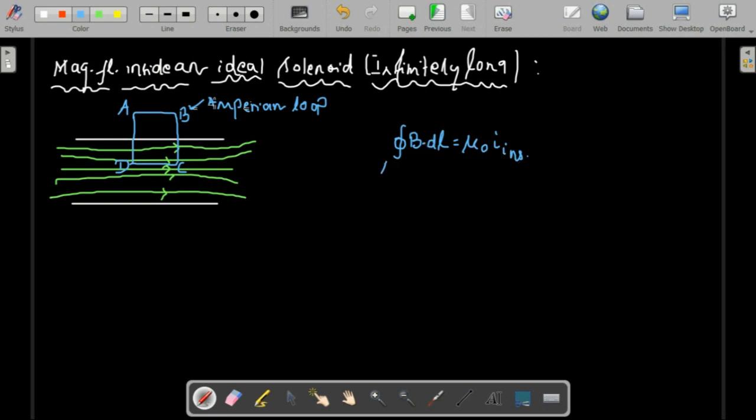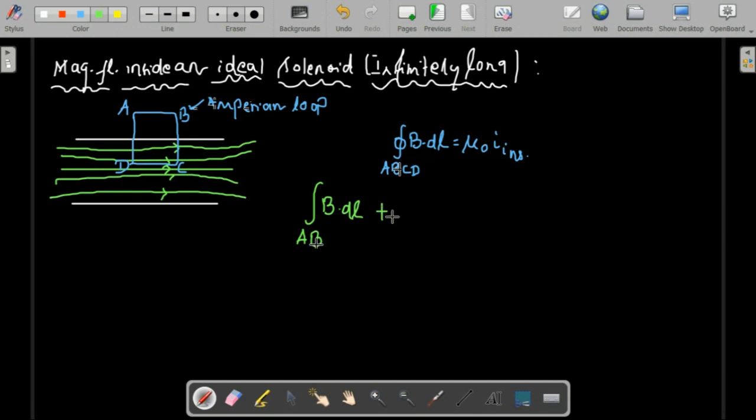So the loop is A, B, C, D. If you remember a bit of integration, what we can do here is write down this integration as the integral of B dot dl along AB. We are going from A to B, B to C, C to D, D to A, so that we are forming a closed loop, right?